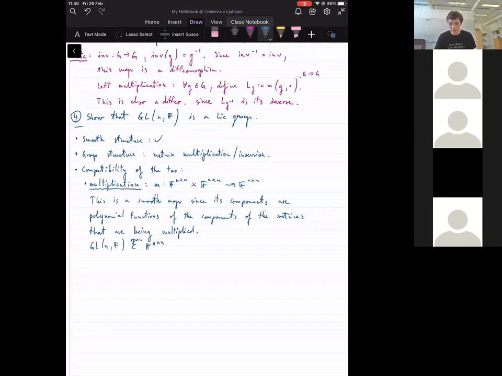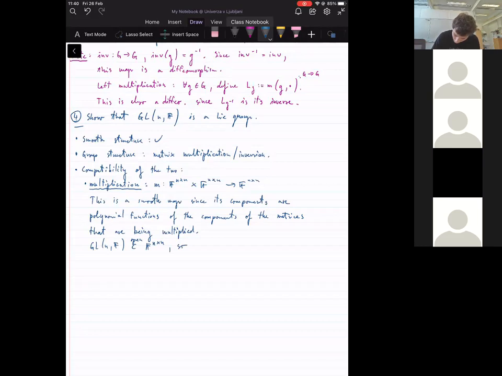So the multiplication in this group is just the restriction of the multiplication in the set of all matrices.